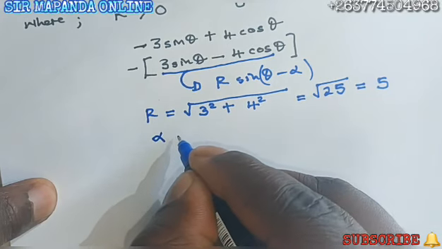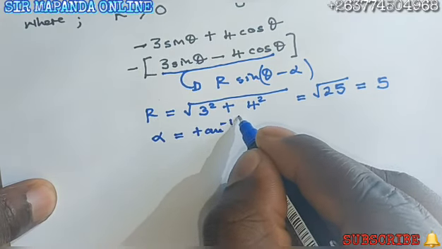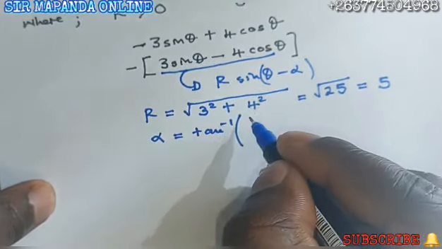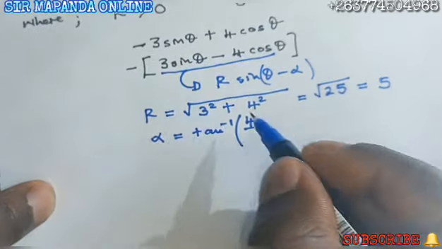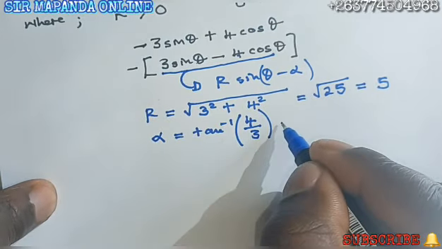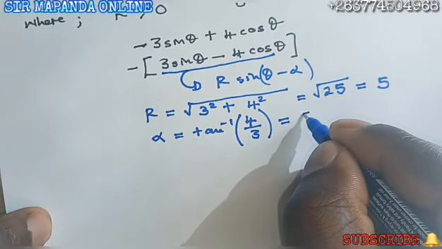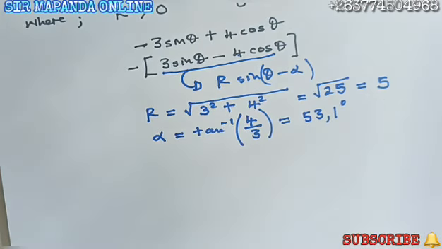Then to find alpha, you simply say arctan of 4. You ignore the negative sign. Then you divide this 4 by this 3, so you are saying arctan of 4/3. Arctan of 4/3 gives you 53.1 degrees.